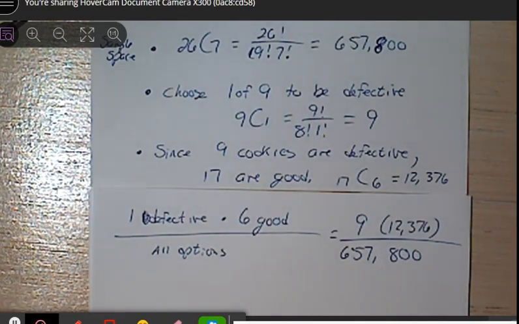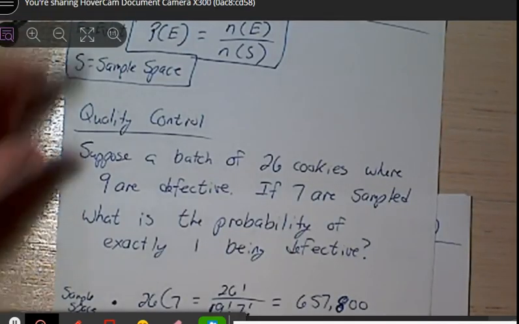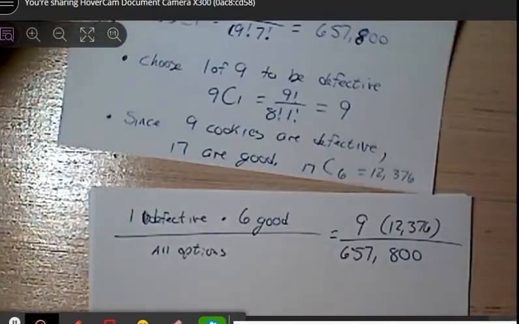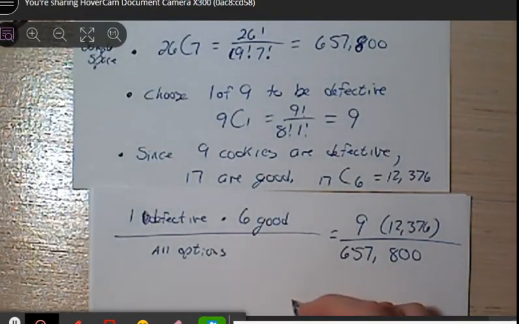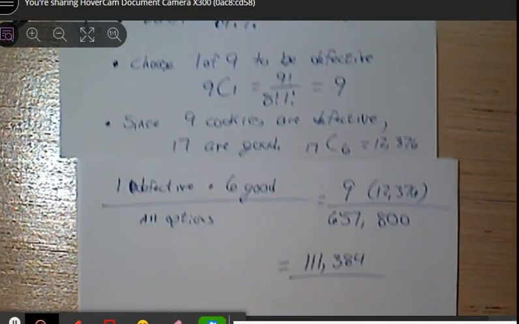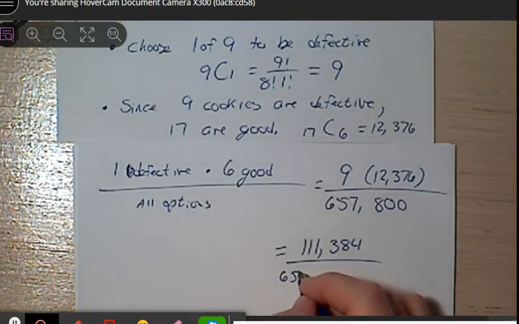Since it's asking for the probability, you've got to go back and multiply this number together, which would be 111,384 over the 657,800.